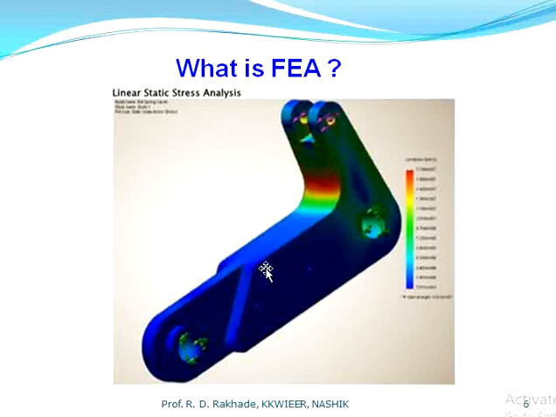So blue color represents minimum stresses and somewhat reddish color represents maximum stress. From this we can modify those highly stressed parts and again modify for future work. So this is the beauty of FEA.